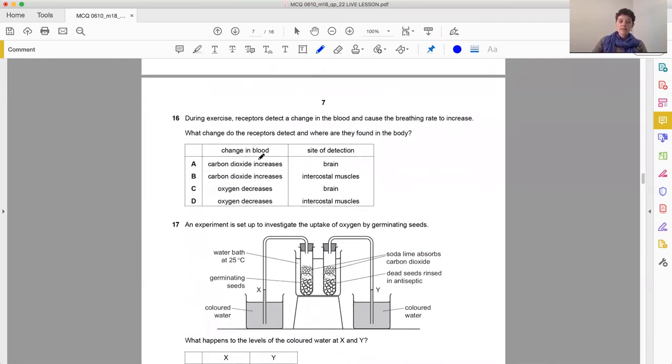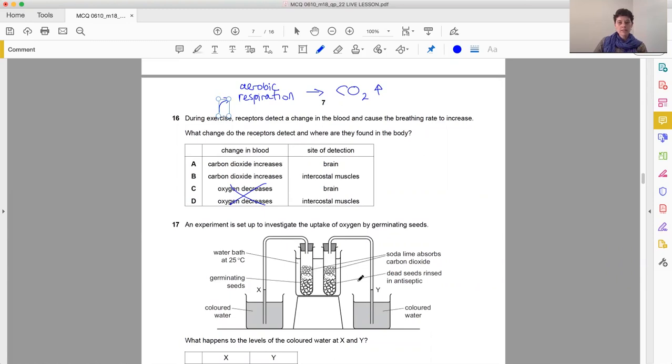So during exercise, remember now we have lots of respiration. And at the beginning of exercise, that would be aerobic respiration. And aerobic respiration is giving off CO2. So CO2 is increasing. So the receptors are detecting an increase in carbon dioxide.